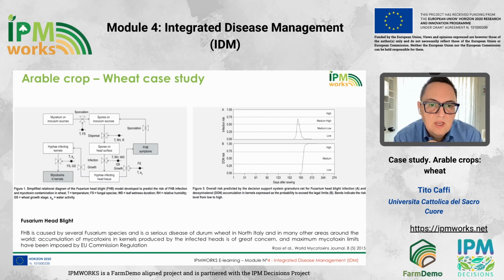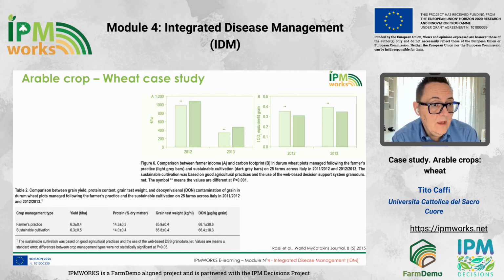You know that the bell-shaped curve mostly mimics the flowering period, while the other curve, the deoxynivalenol risk, is about the mycotoxins that can increase according to the specific conditions and situation, of course, without fungicide application.